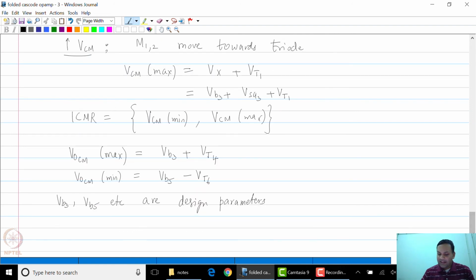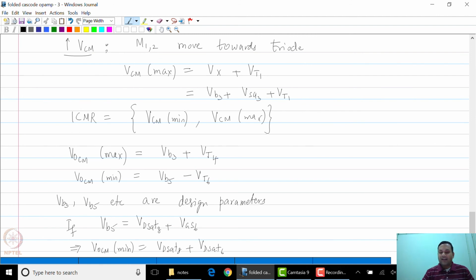So VB5, if VB5 were equal to VDSat8 plus VGS6, if this were the case, then you can see that VOCM minimum is now equal to VDSat8 plus VDSat6.